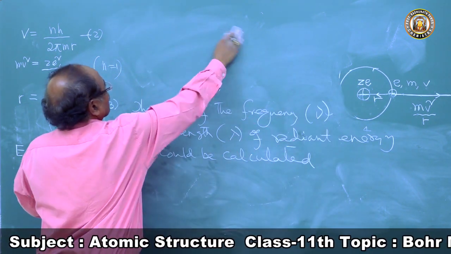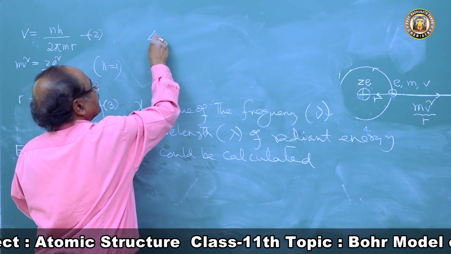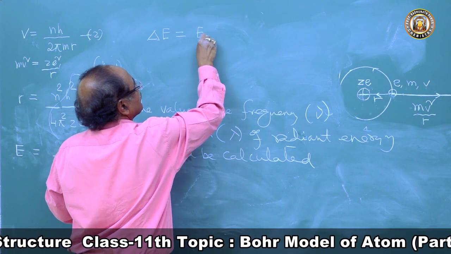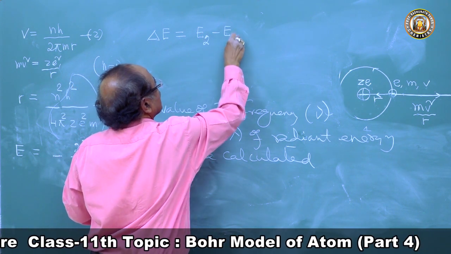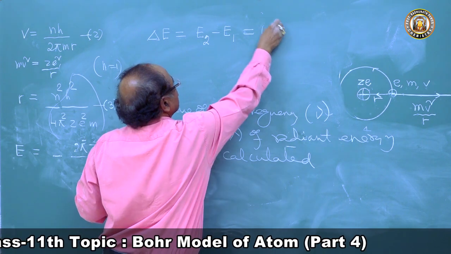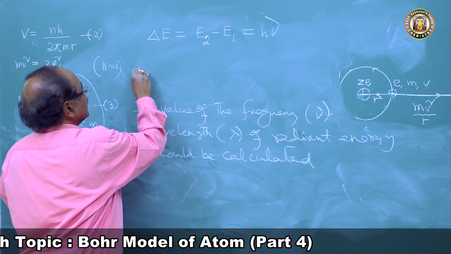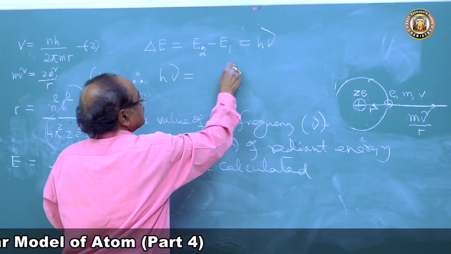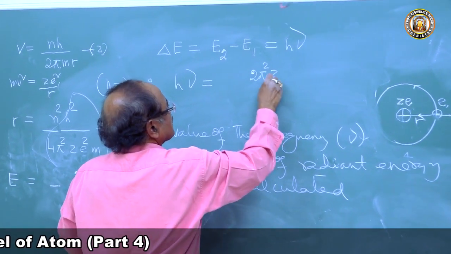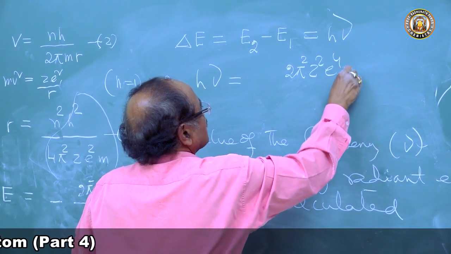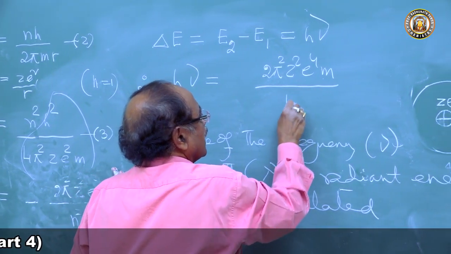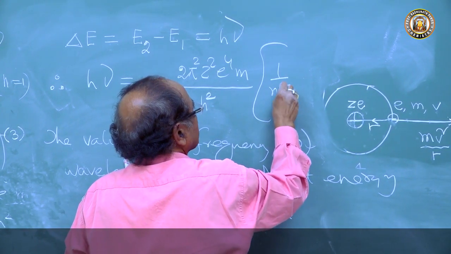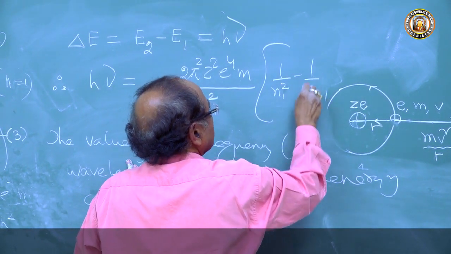From Bohr theory it is known that delta E is equal to E2 minus E1 is equal to h nu. Therefore h nu will be equal to what? 2 pi square z square e fourth m by h square into 1 by n1 square minus 1 by n2 square.